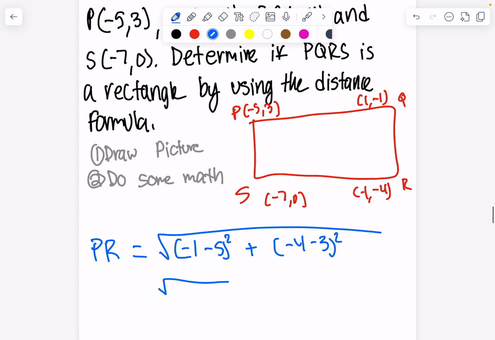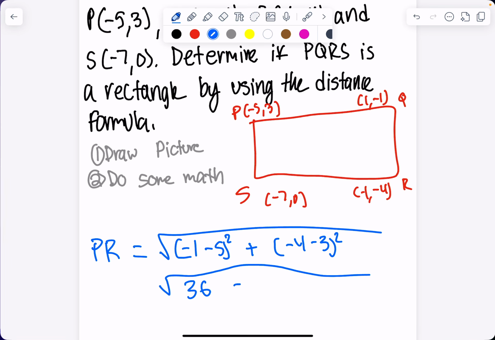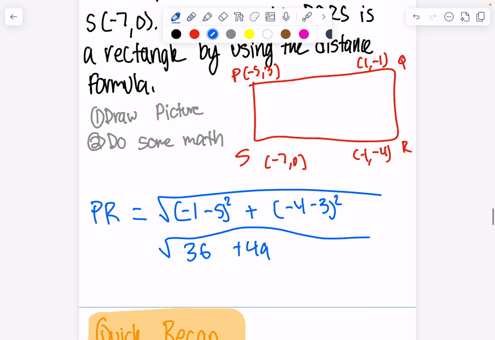When I do that, I get the square root of, -1 minus 5 is -6 squared is 36, plus -4 minus 3 is -7 squared, 49. And 36 plus 49, let me pull out my handy-dandy calculator that I always keep on me. Boom, boom, boom. Just kidding, I use my computer. We should get the square root of 85.